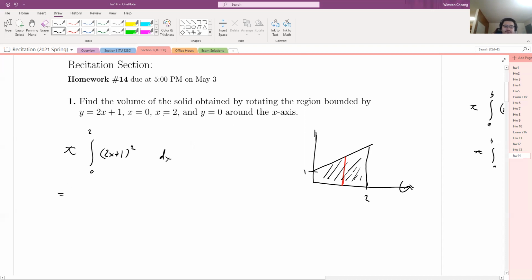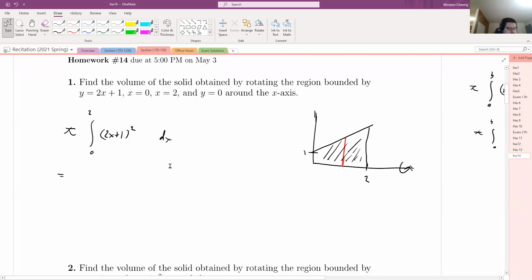So this would be the integral, and if you just calculate it, you'll get the answer. I suppose I can do that with you guys, although these integrals you should be able to do yourself. So obviously we want to expand the inside.